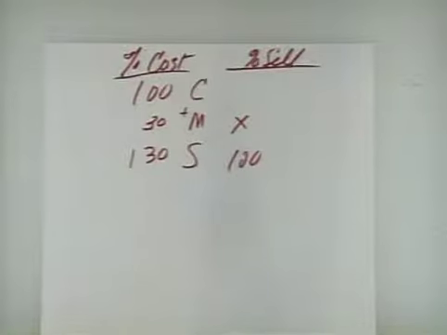Should my number be larger than 30 or smaller than 30 that I get as an answer? Smaller. Markup on selling price compared to a markup on cost. The same markup is always smaller on selling. What do we get as an answer there? 2 decimal places.